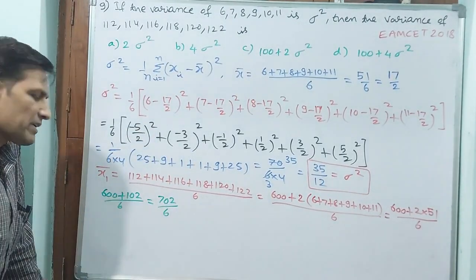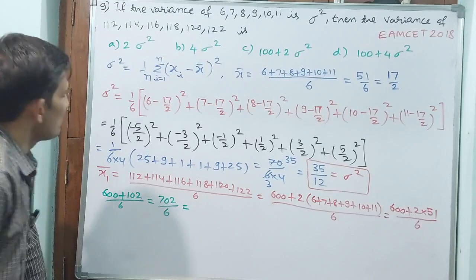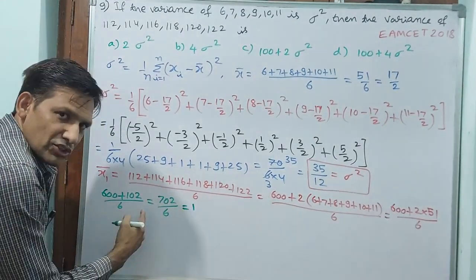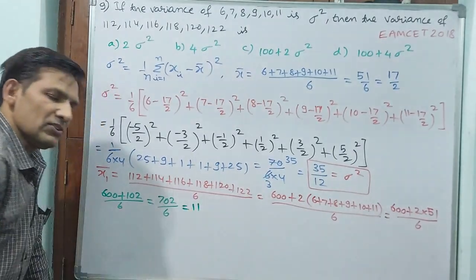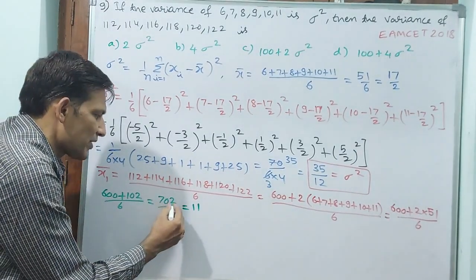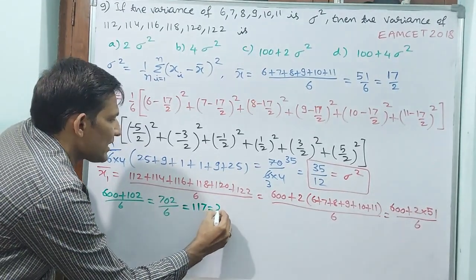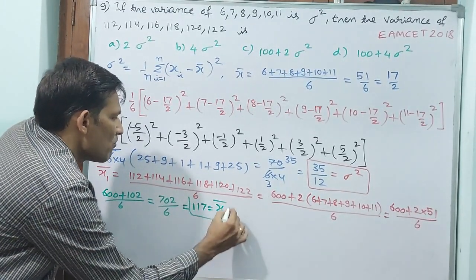Now 702 by 6, how much will it come? 6 ones are 6, 10 will be there. Again 6 ones are 6, 4 will be there, 42. 6 sevens are 42. 117 will be your x1 bar. Okay, this you box it.